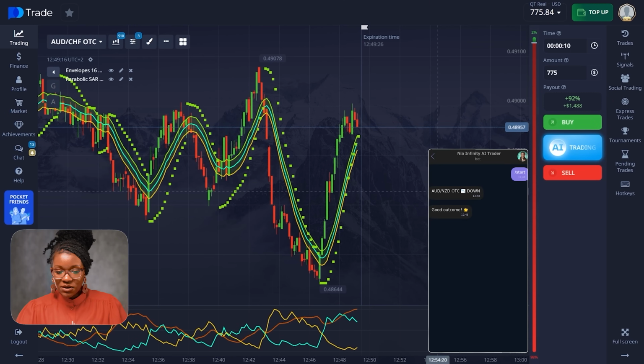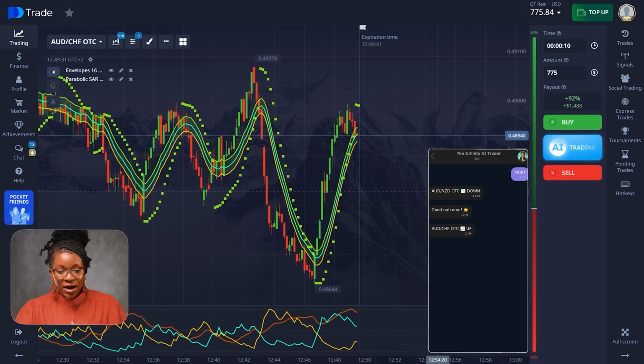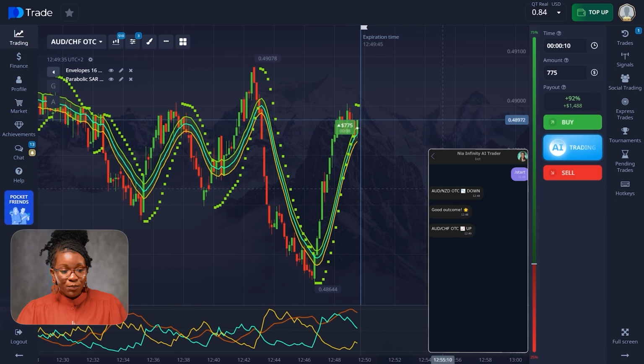So we get the next message from our assistant, and let's see how we're doing here. Waiting for a message. And what we can notice here is that after the correction, we are waiting for the trend to continue and we are ready to go higher. By the way, the AI assistant sends the same message to open a trade up.